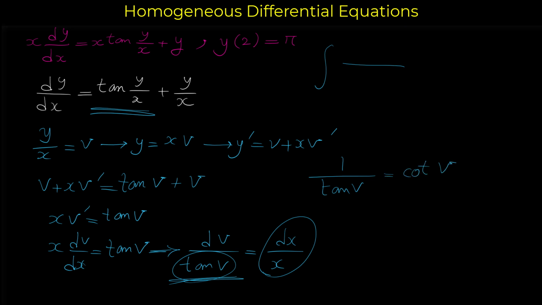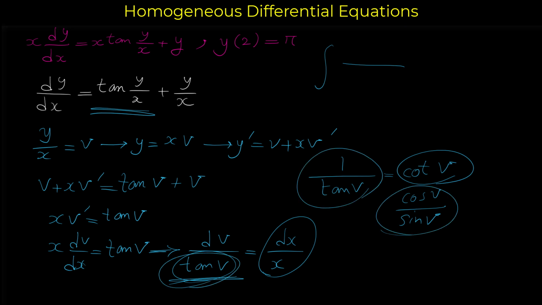We know this. And cotangent is cosine over sine. Another way that you can show that this equals cosine over sine is to know that tangent is sine over cosine. And 1 over sine over cosine is the reciprocal of this, which is cosine over sine anyway.